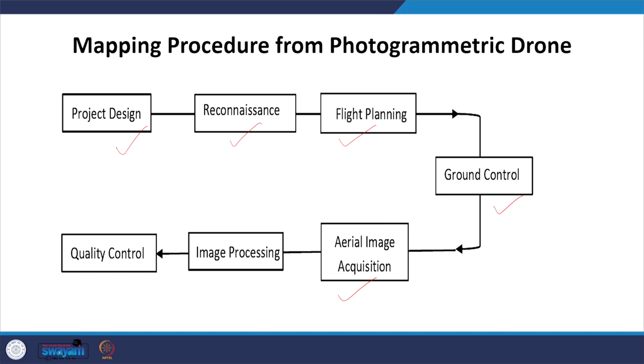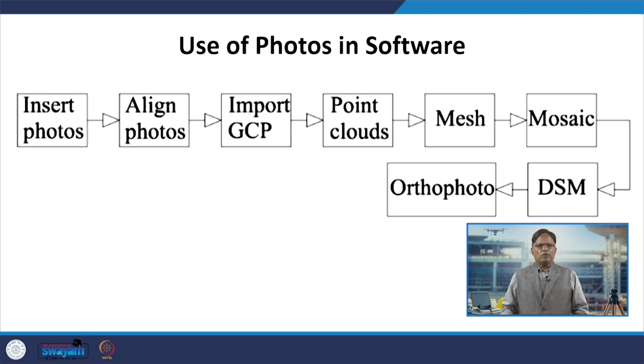Then once the images are acquired, we do the image processing work where we do georeferencing and create the mosaic and remove all sorts of errors which could be present in the data set. We use several software to do this activity. In the software we will give photographs as the input, then we will align the photos, that means they should be geometrically registered together.